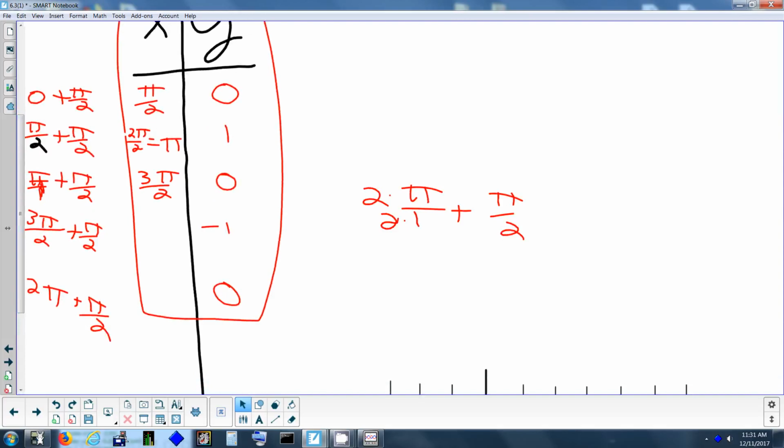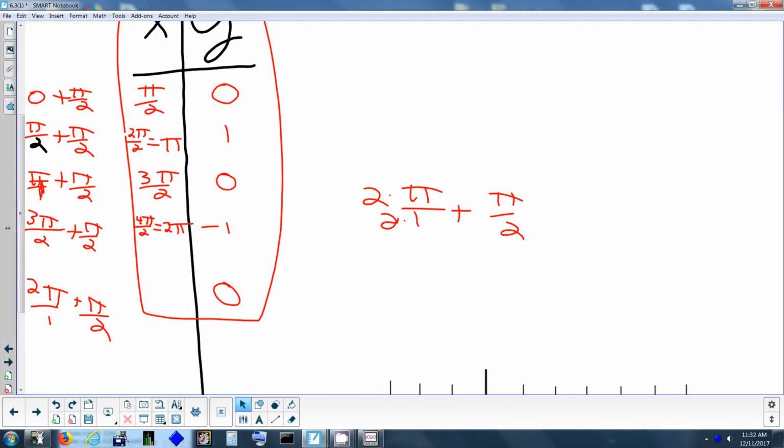Okay, next one already has a common denominator. Before you reduce it, can someone tell me what you would get if you add them? 3 pi over 2 plus 1 pi over 2. 4 pi over 2. And what does that reduce to? 2 pi.